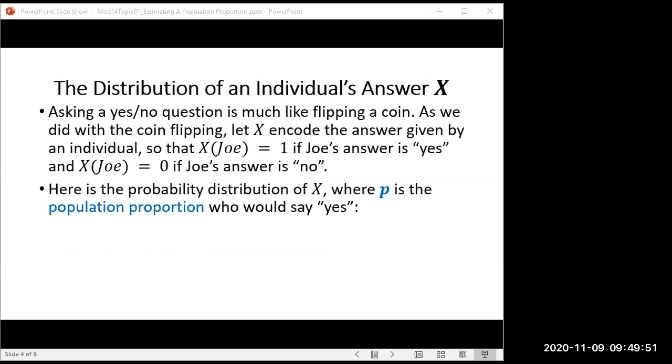Okay, so we're going to start with a random variable x, and this is a binary random variable. It's either 0 if an individual's answer is no, or 1 if the individual's answer is yes. So X encodes the answer of a single randomly selected individual.